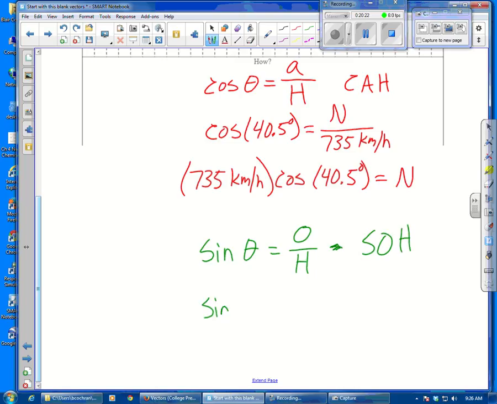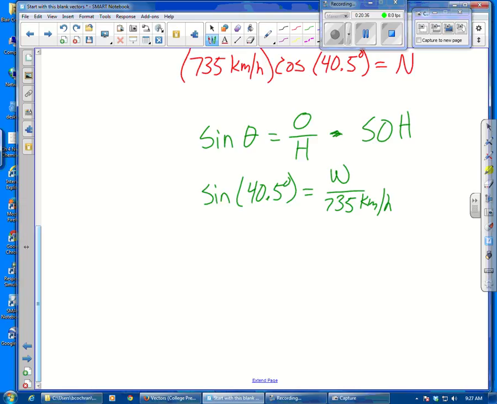So sine of 40.5 degrees equals W over our 735 kilometers per hour. And then, again, I'm going to rearrange by multiplication: 735 kilometers per hour times sine of 40.5 degrees equals W. Yeah, good.